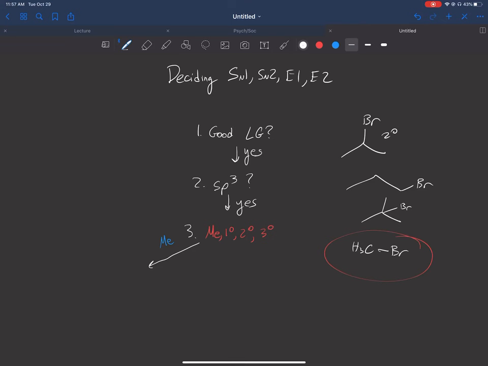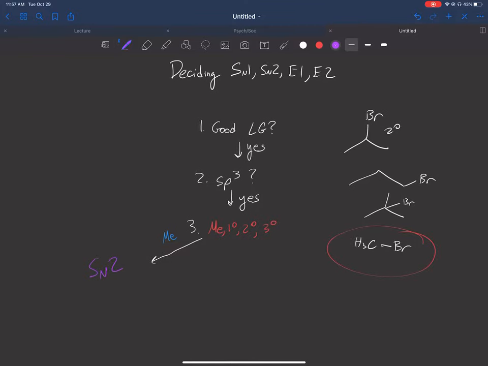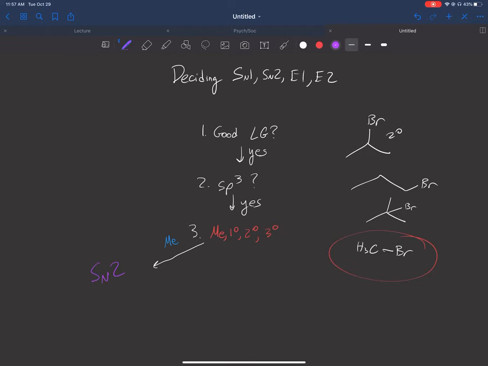So that leaves us with one option: a methyl with a good leaving group on it will always go SN2, right? Makes it much easier, all right? You can see that by thinking it through, you can justify it, and it makes sense.